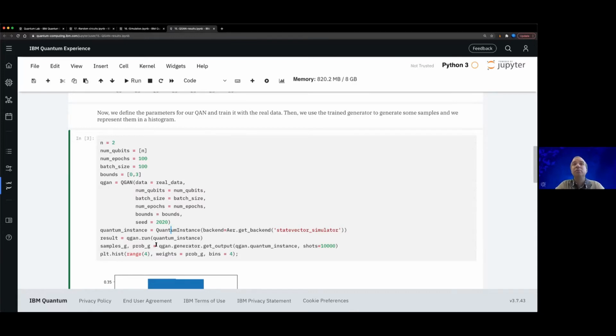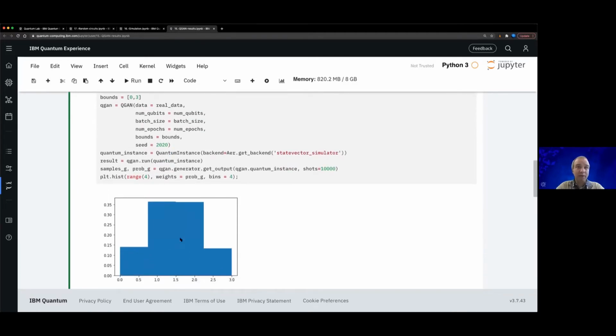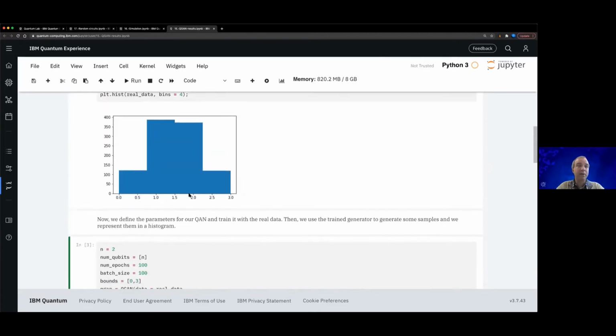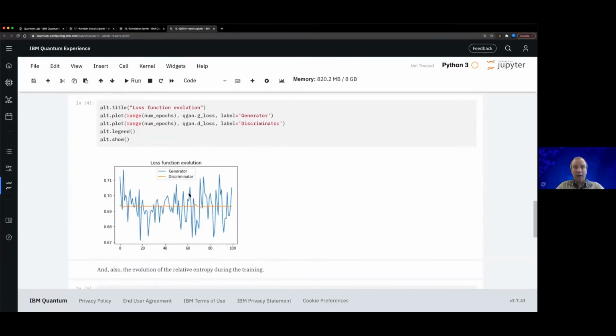And then with a quantum instance, I can run this algorithm and obtain samples from the generator that has been trained, in order to compare the output of the network with the training data. Okay, so in this case, what I obtained was this histogram, which is very similar to this one. And in fact, you can see that during the epochs, the generator and discriminator change the value of the loss function, but they oscillate around a value which is typical for training of classical generative adversarial networks.